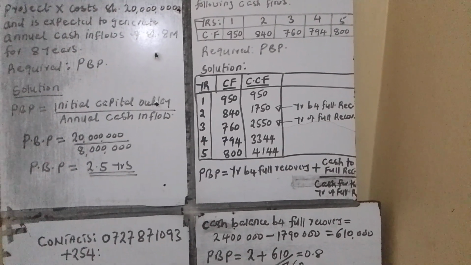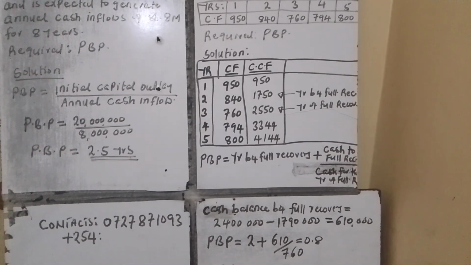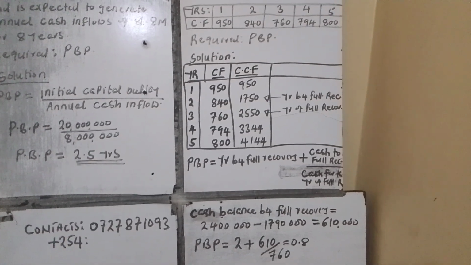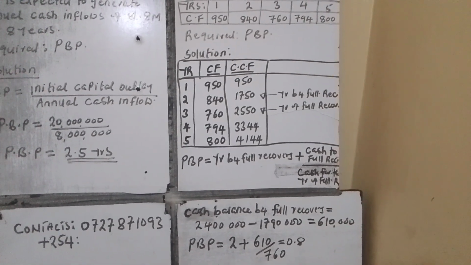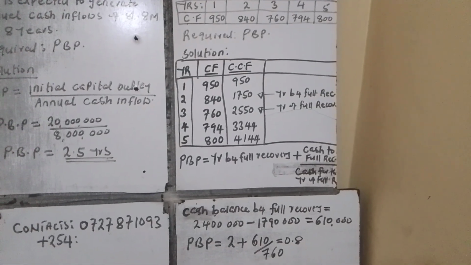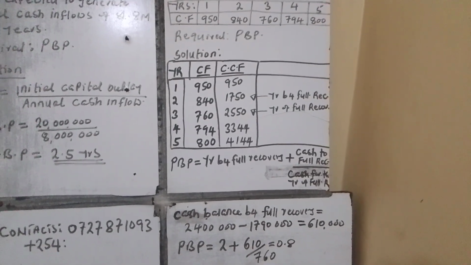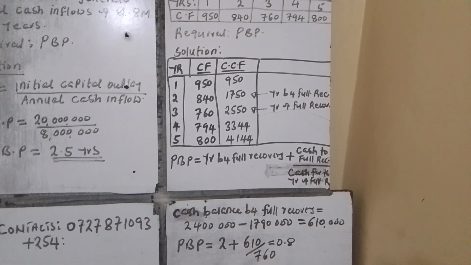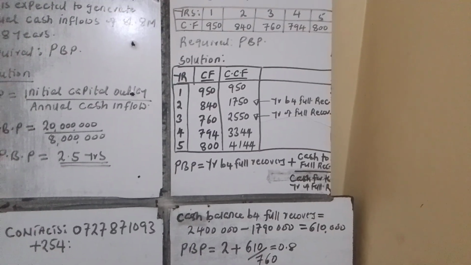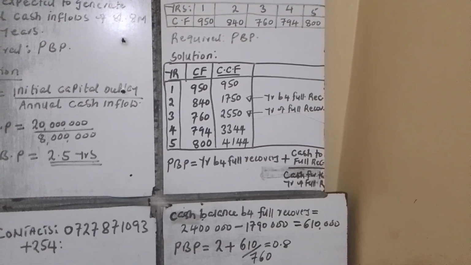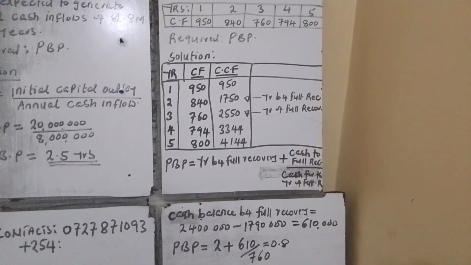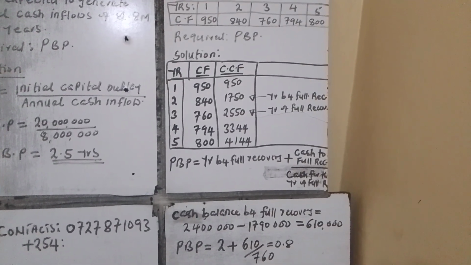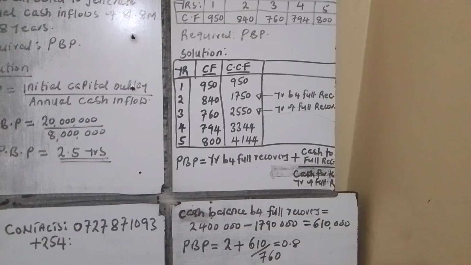So you take 2 plus the cash to full recovery. When you say cash to full recovery, you are looking at the 1,750. Is it 1,790? In other words, it was written wrongly there. 1,790, the difference between 1,790 and 2.4, which is 610,000.